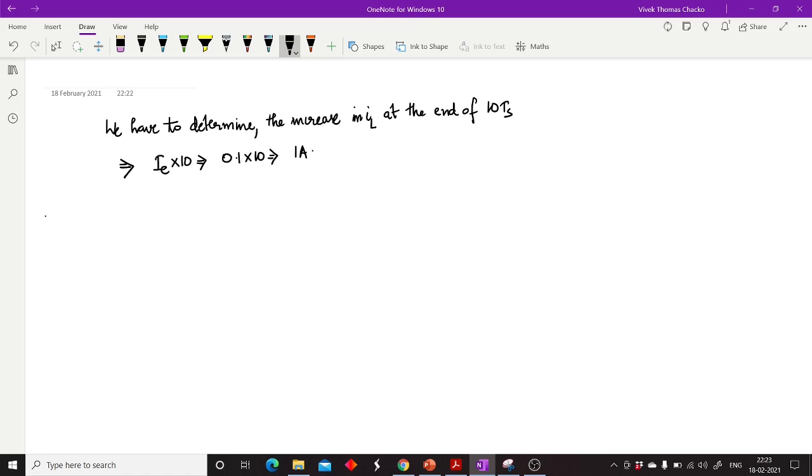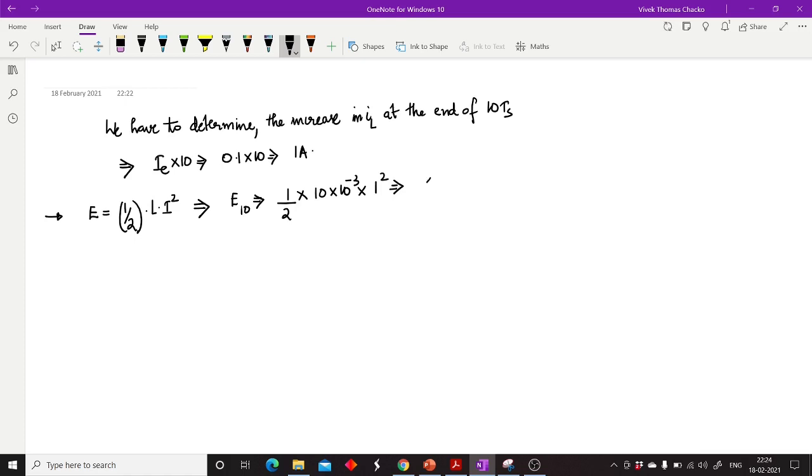So the energy stored in the inductor is given by half L I squared. So the energy stored in the inductor at the end of 10 cycles, I'll call it E10, will be equal to half into the inductor value, which is 10 millihenry, 10 into 10 power minus 3, into 1 squared.